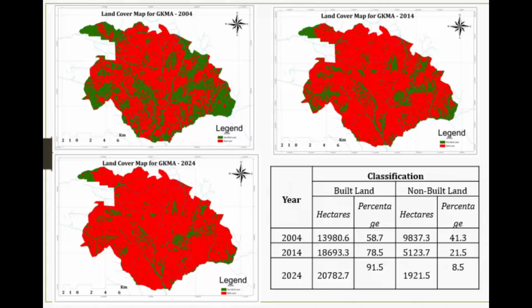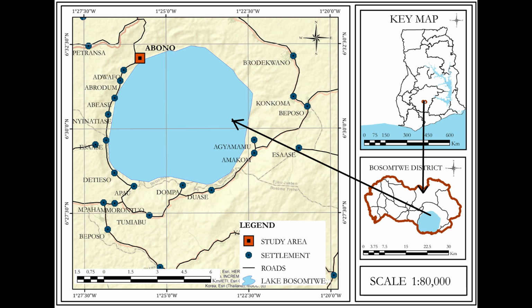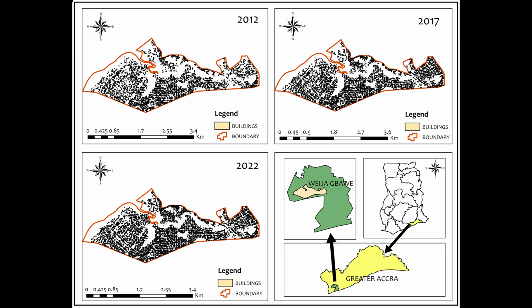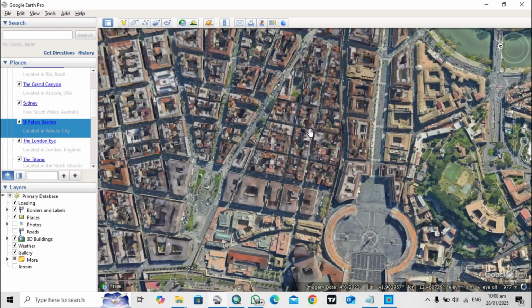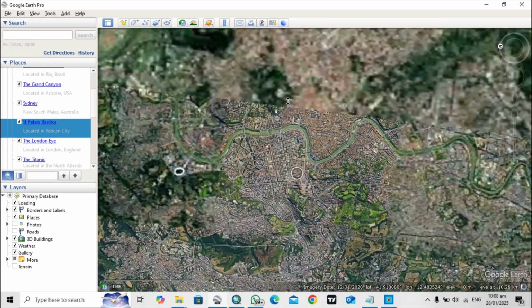It will teach you how to draw a land use land cover map, a contextual map, flow maps, heat maps, any map you can think of. This channel is the best to help you draw any map that you want in analyzing spatial data.